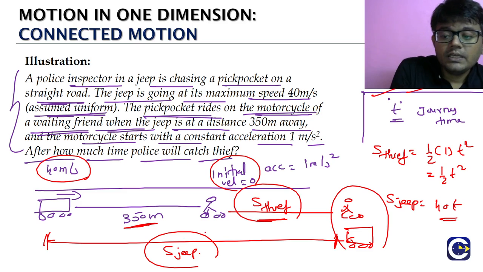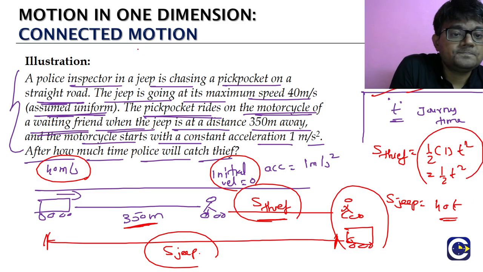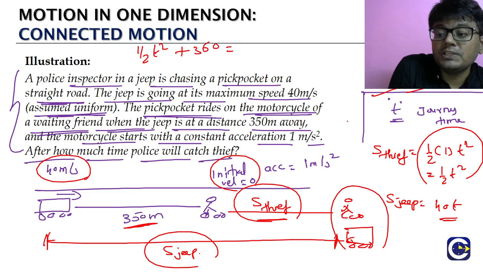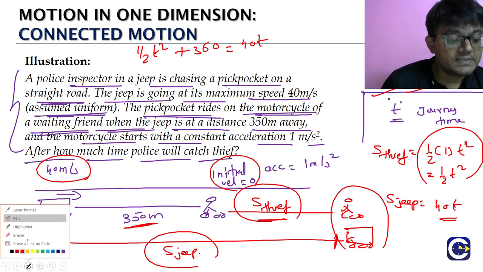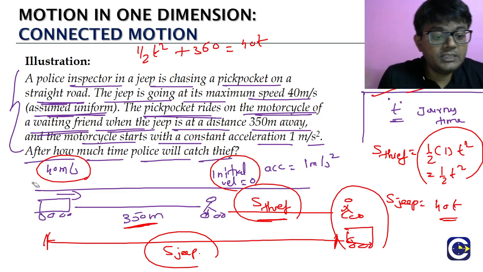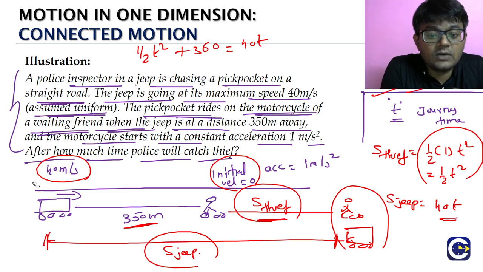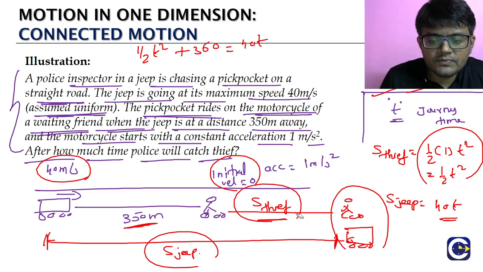The thief displacement, which is half t square, plus 350 will be equal to the displacement of the police jeep, which is 40t. The police jeep has to cover this much distance extra, then only he will be able to catch hold of the thief. So he has to travel whatever the displacement of the thief plus 350.